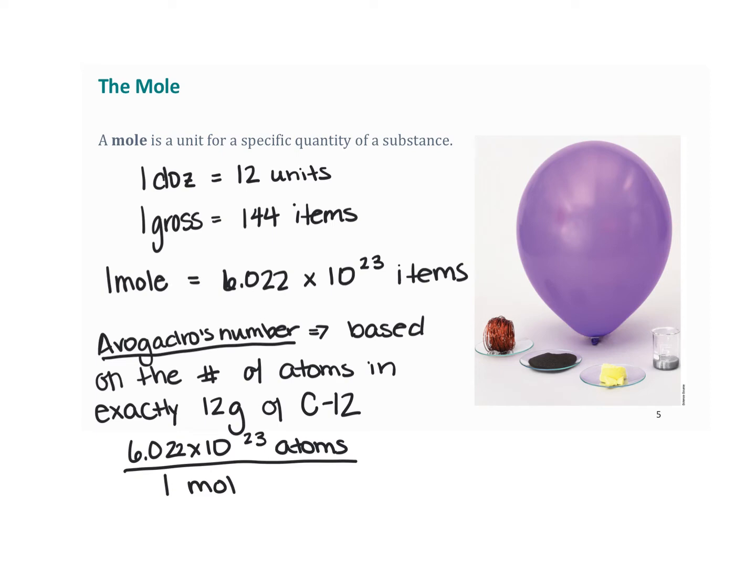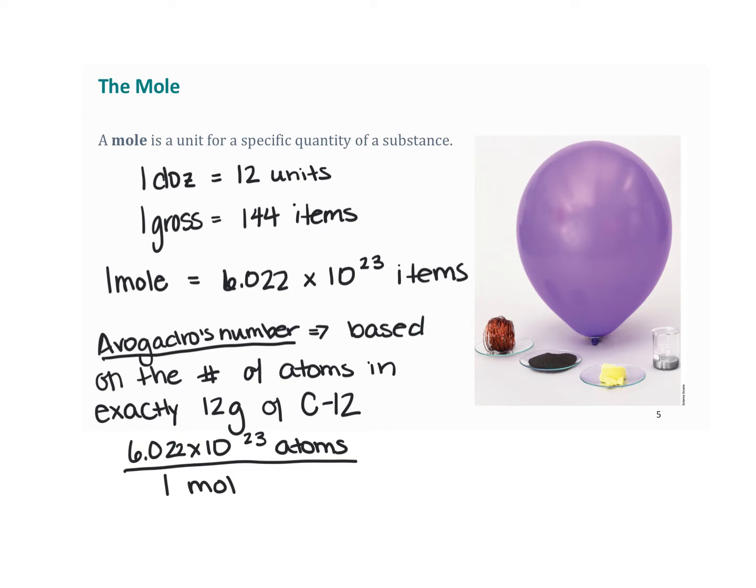Now, when we look at this, just like if we had 6.02 times 10 to the 23 atoms, or 6.02 times 10 to the 23 elephants, we know that one of those is much larger than the other. And so this image is showing us some differences and different amounts of things that are representative of 1 mole.